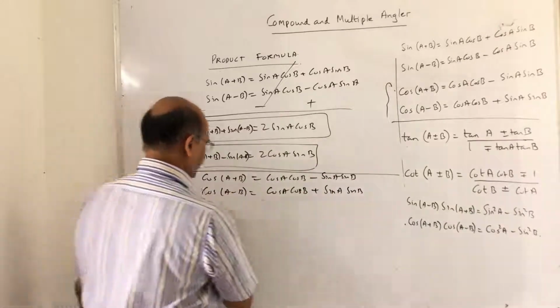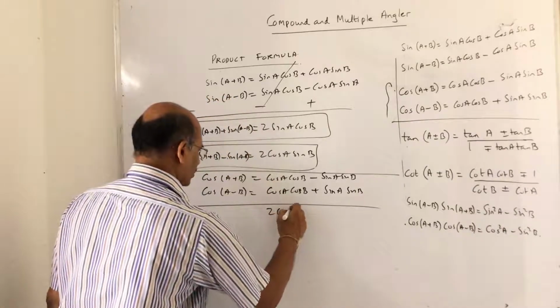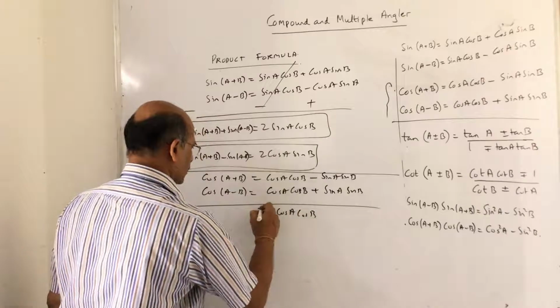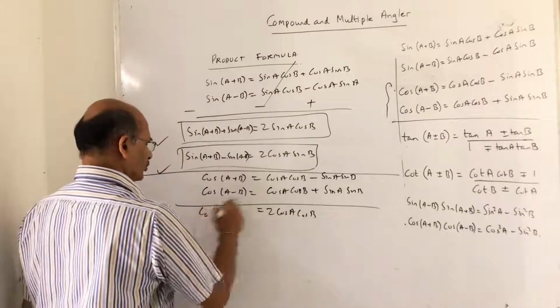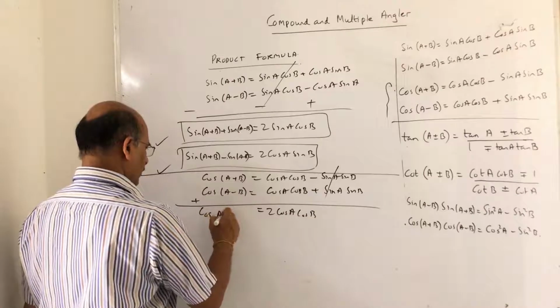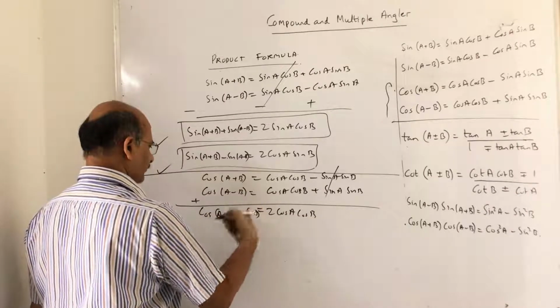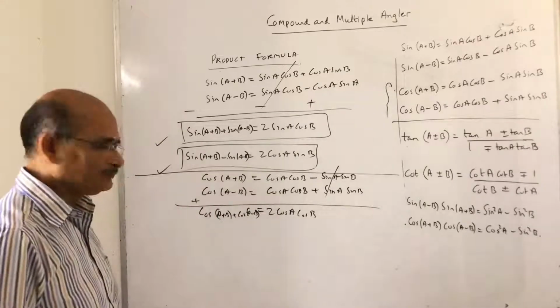So add. If I add, what will happen? 2 cos A cos B. I cancel this out, plus sign, so it will become cos of A plus B plus cos A minus B. Simple.